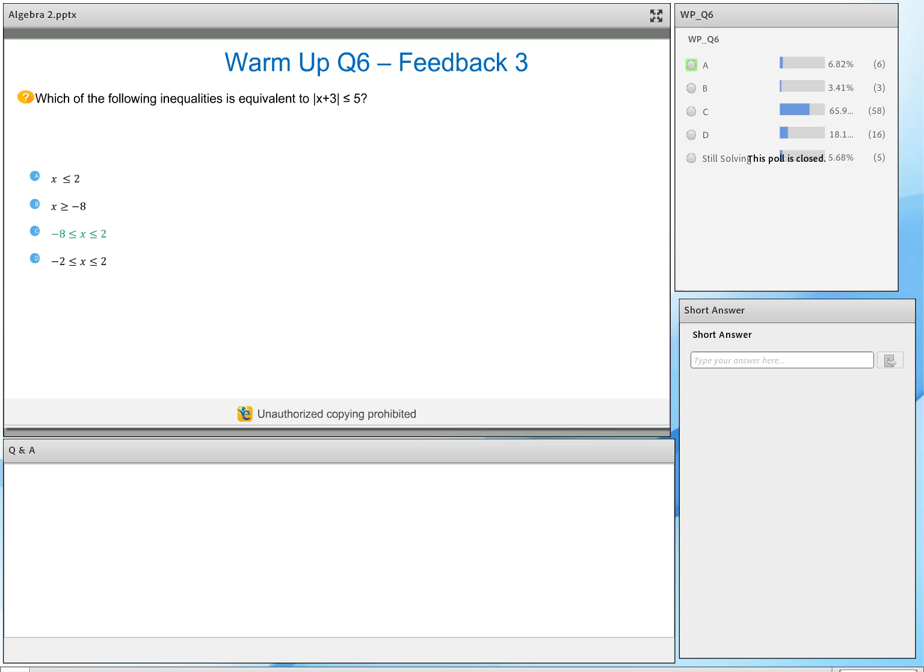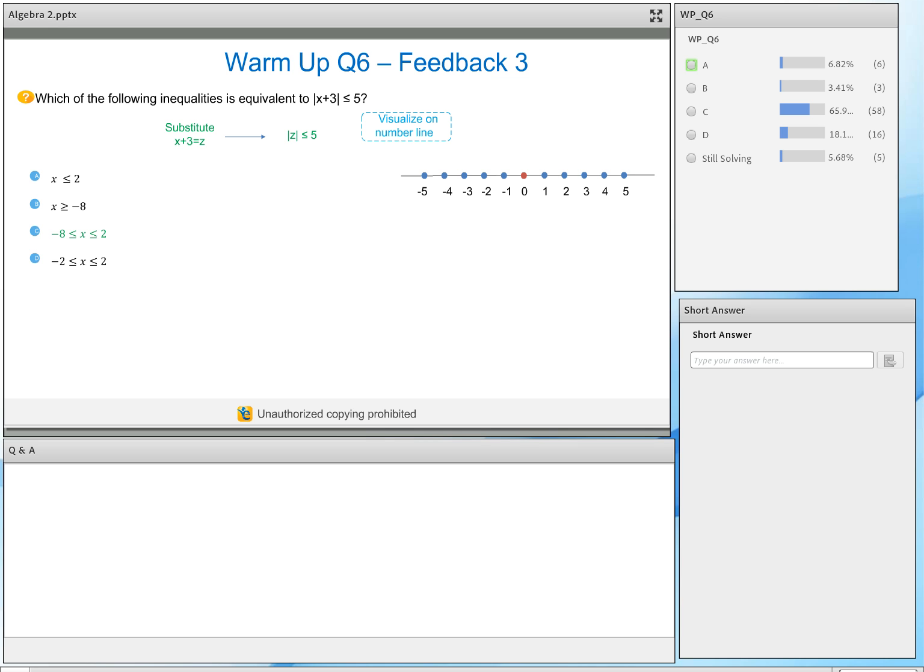Now this is an absolute value inequality. The easy way to solve this is that you substitute x plus 3 equal to z, right? And then what you get is mod of z is less than or equal to 5. So this becomes your inequality here.